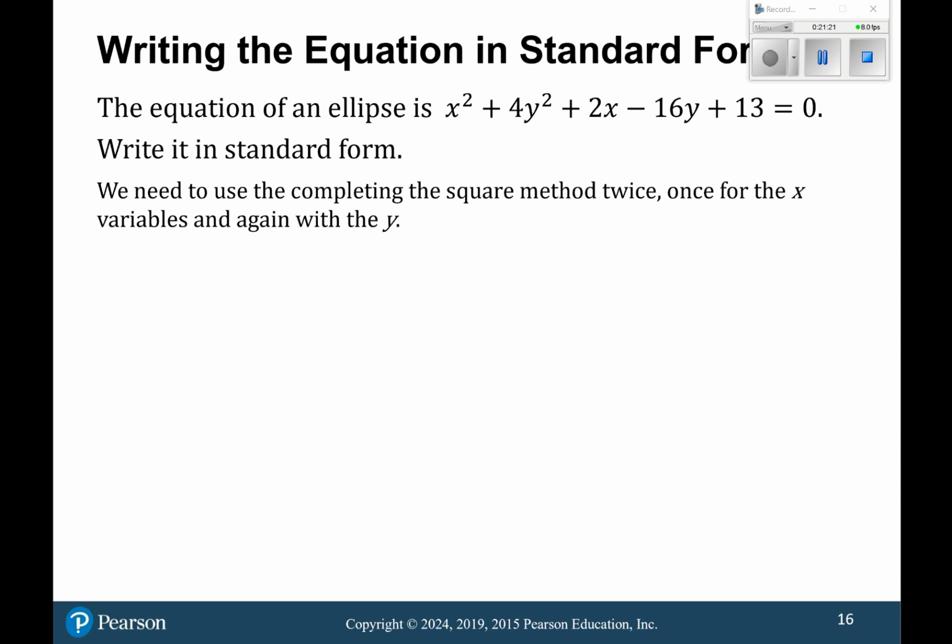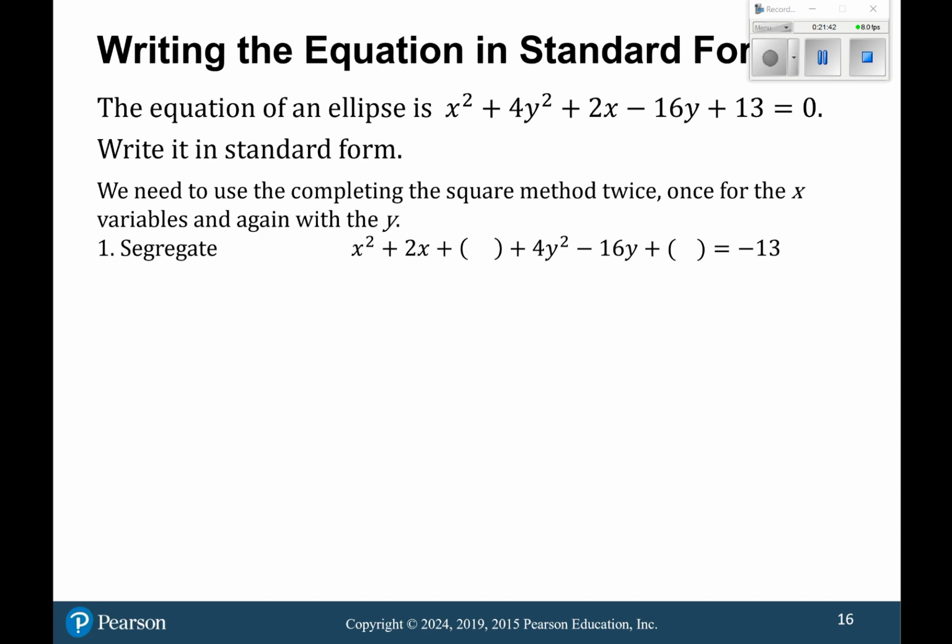So that's why we started with the completing the square method back in chapter 0. This time, oh joy, we get to do it twice. We're going to do the completing the square method once for the x variables and then again for the y variables.